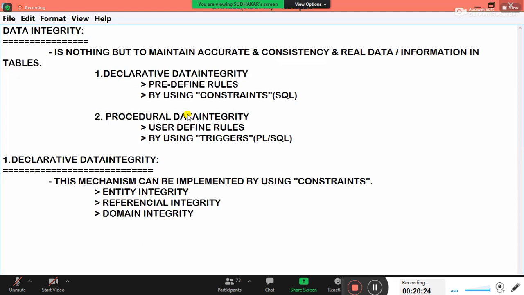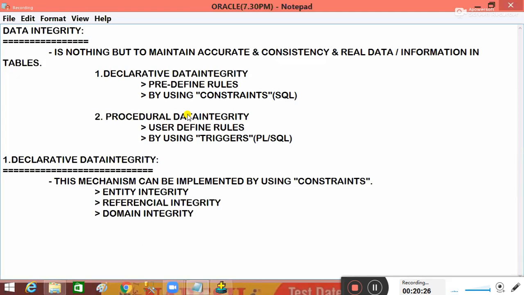So declarative integrity follows three types of rules: one is the entity rule, one is the referential rule, and one is the domain rule. So what is meant by entity, what is meant by referential, and what is meant by domain integrity, we will see one by one. I will explain what is entity, what is referential, and what is domain.